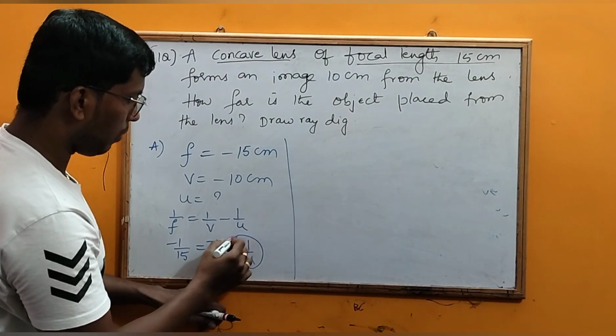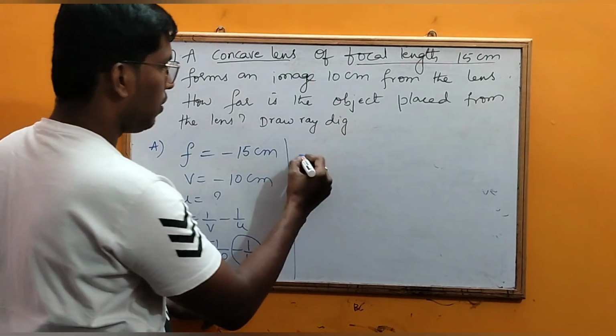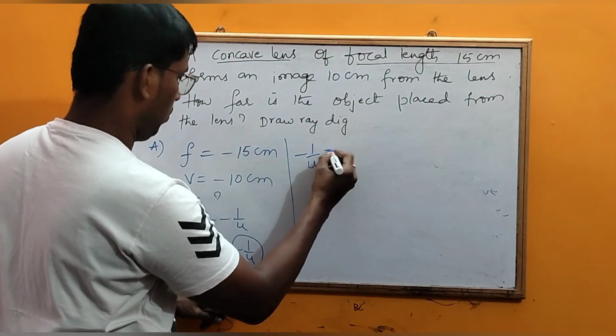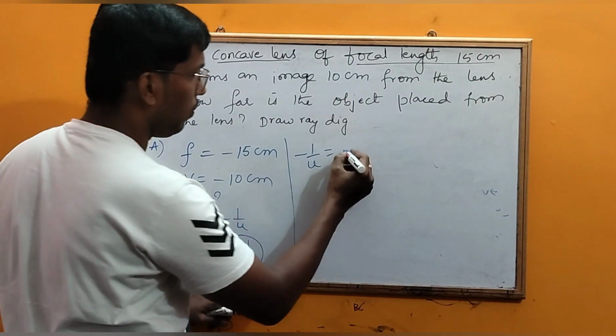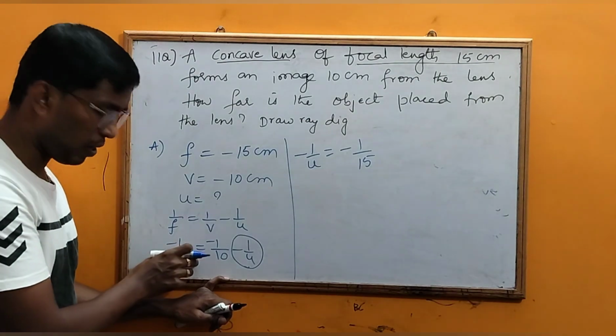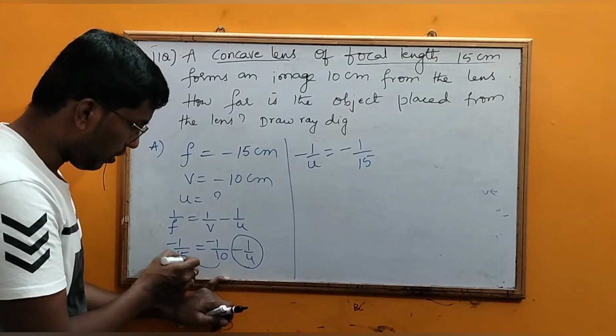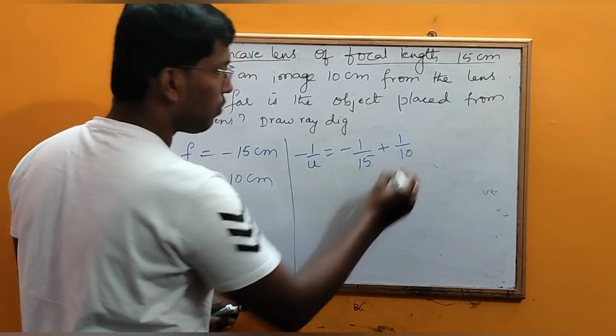So I will keep minus 1 by U on this side, and I will send 1 by 10 to the other side. So minus 1 divided by U is equal to minus 1 by 15, I am not changing the position of 15, I am just sending 10 to the other side. So minus 1 by 10 will become plus 1 by 10.